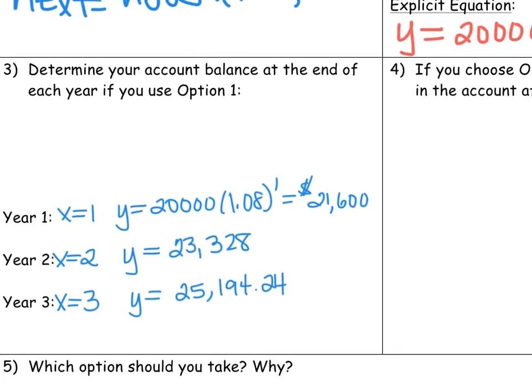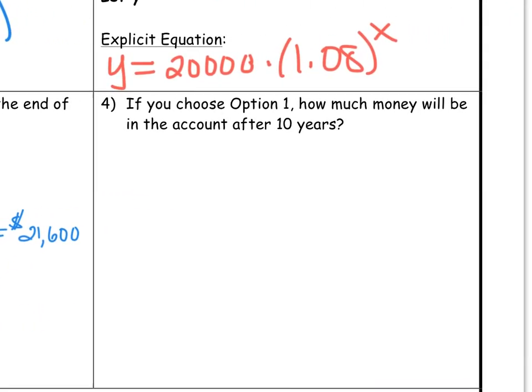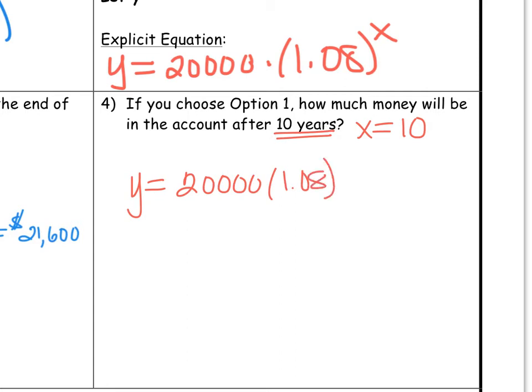So let's see, you've left it in there for 10 years, because with a certificate of deposit, if it's a 10-year CD, you leave it in there for 10 years. So in this case, our x equals 10, and we're doing the same thing. We started out with $20,000. Our growth factor, our common ratio, is 1.08, and we're raising that to the 10th power.